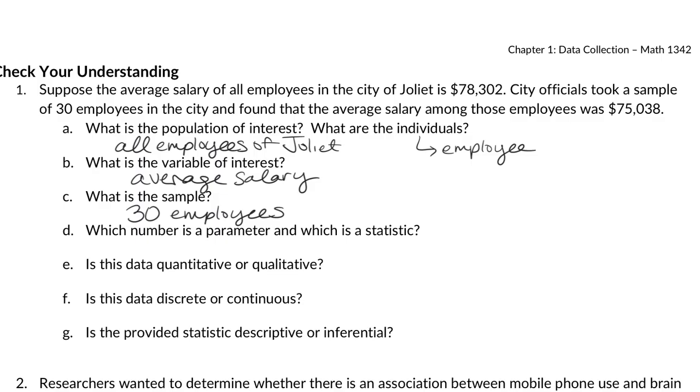Population. So which number up there describes the population? 78,302 is the average salary of all employees. That's my population. And we have a statistic that describes a sample. What is the average salary of my sample? Correct.